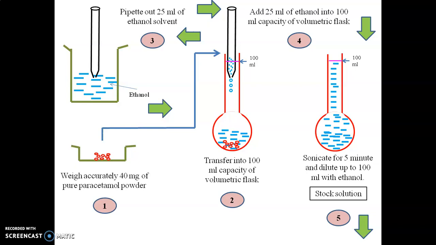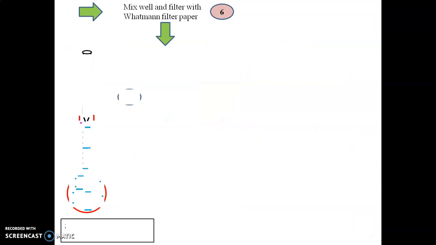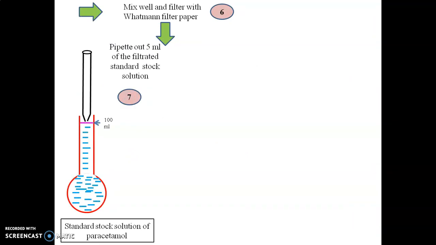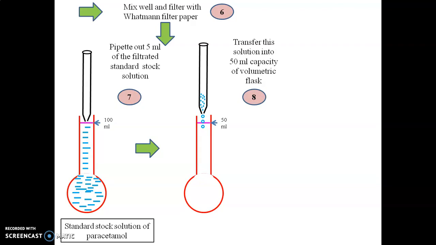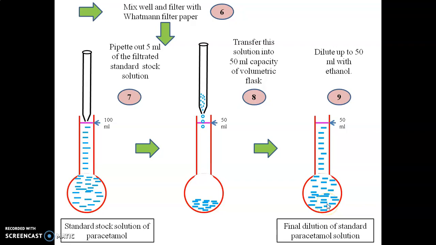Then mix well, filter with a Whatman filter paper, and then pipette out 5 ml of the filtered standard stock solution, transfer into another 50 ml capacity volumetric flask and dilute up to the 50 ml with ethanol, and make the label on that volumetric flask as a final dilution of standard paracetamol solution.